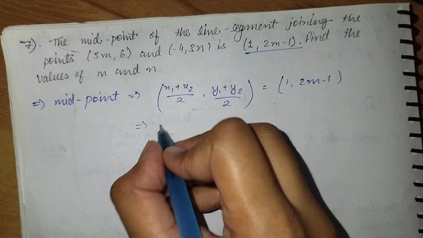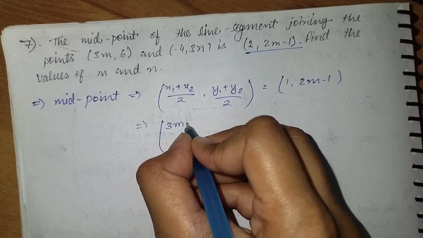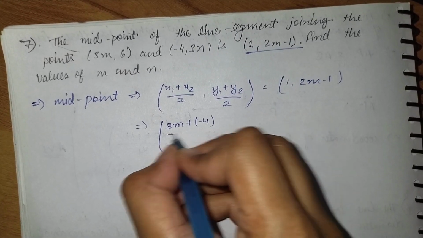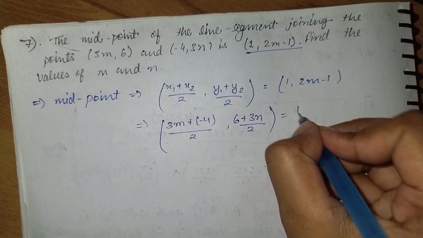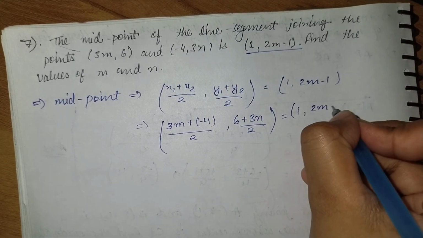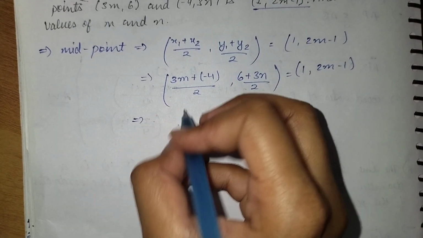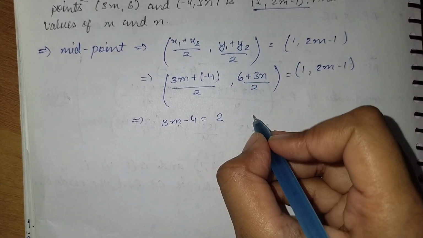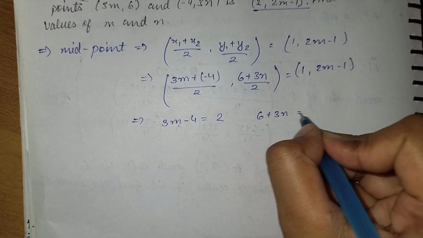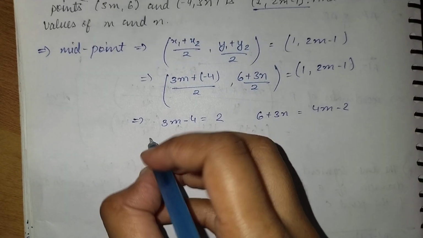So putting the values of x1 and x2, that will become (3m + (-4))/2, (6 + 3n)/2 equal to (1, 2m - 1). That will become 3m - 4 = 2, and here 6 + 3n = 4m - 2.